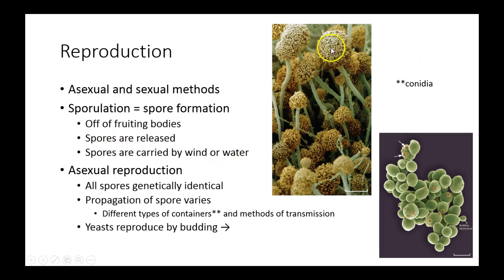This picture here is called conidia. This would be called a conidiophore, and that's what contains all the spores, and the spores are what we call conidia. So when the wind blows, or when animals come by and knock at them, these spores get spread, and then they can develop into new fungi as well.